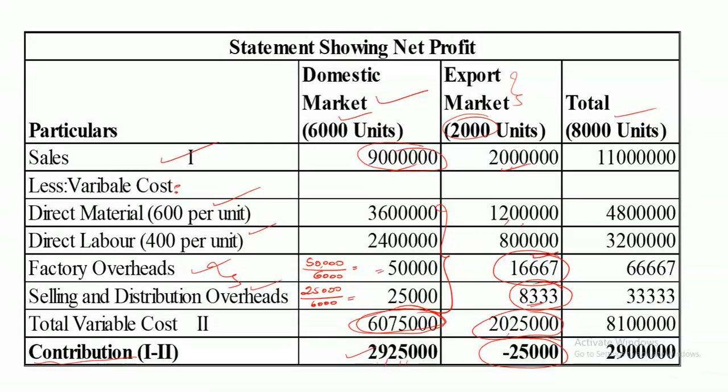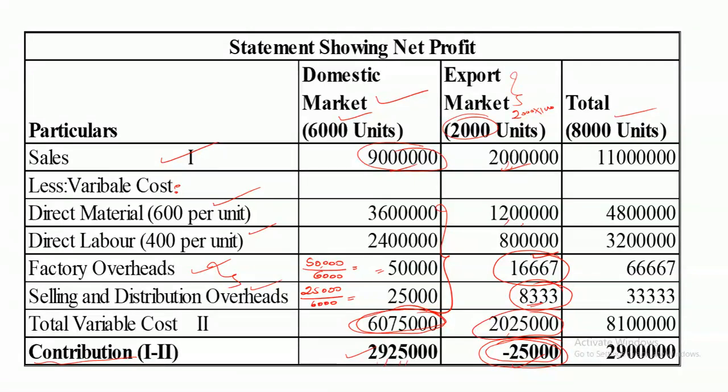So 20 lakhs minus 20,25,000 will be minus 25,000. So if you accept this offer, you will have to incur a loss of rupees 25,000. 2,000 units at rupees 1,000, you will have a loss of 25,000.